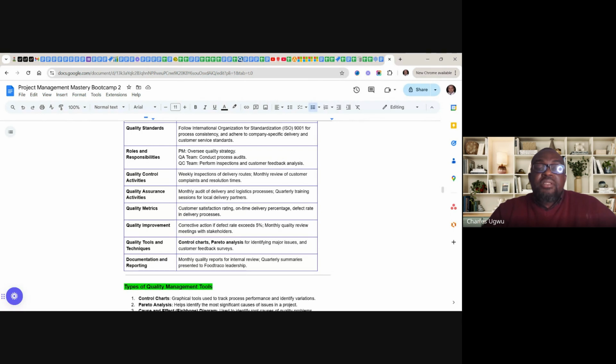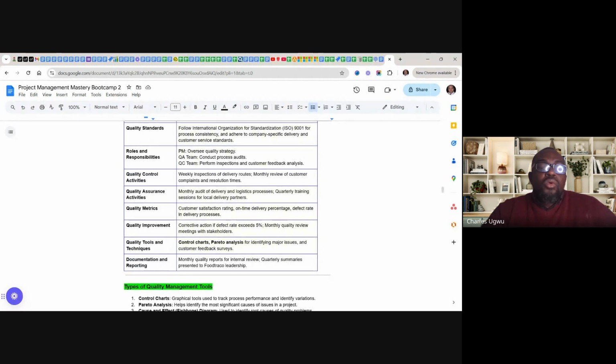Quality improvement: corrective action if defect rate exceeds 5%. Monthly quality review meeting with stakeholders. That's how we have to capture our quality improvement.